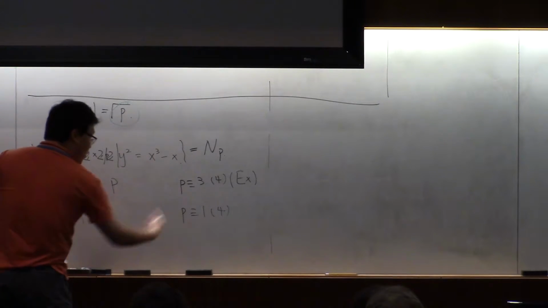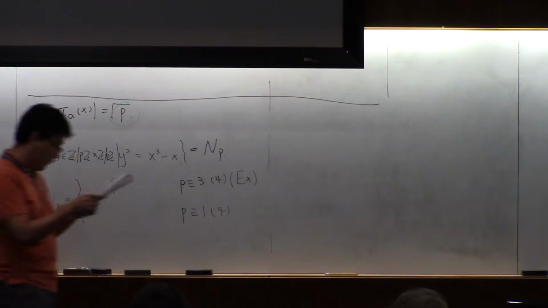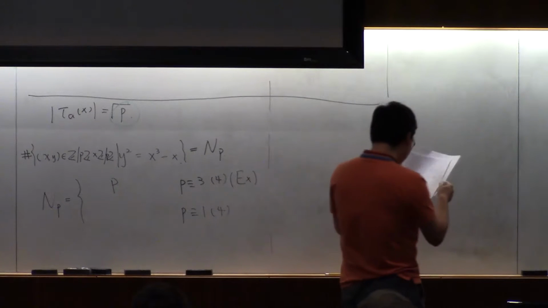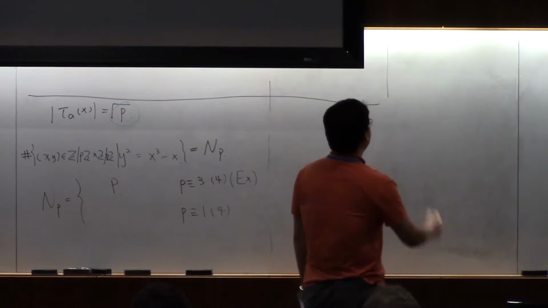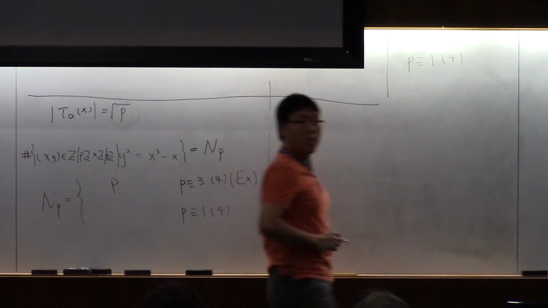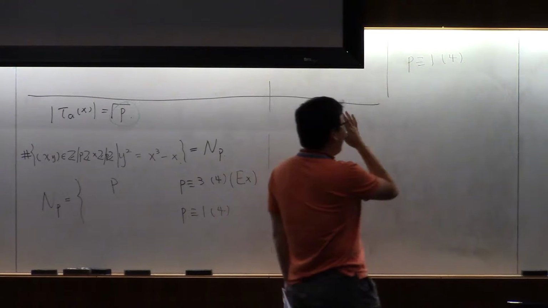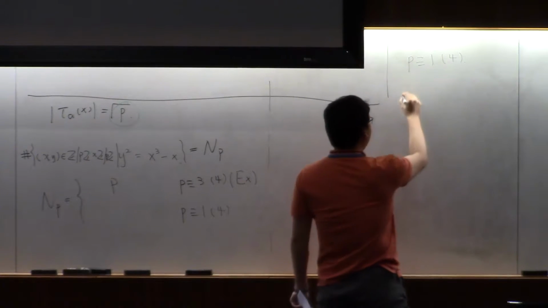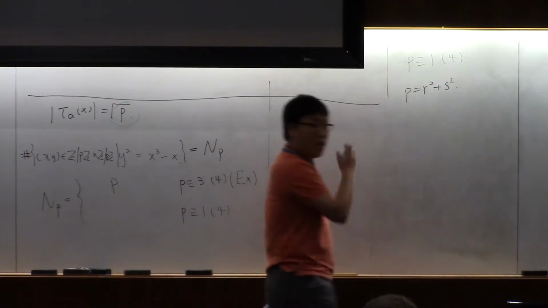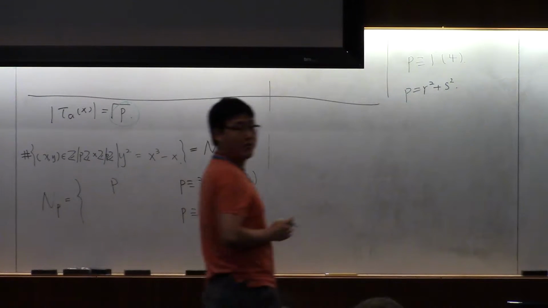But when p is congruent to 1 modulo 4, the answer is much more complicated. So to tell you the answer, I need to introduce some more notation. Now I assume that the prime p is congruent to 1 modulo 4. Then p can be written as the sum of the squares of two integers.